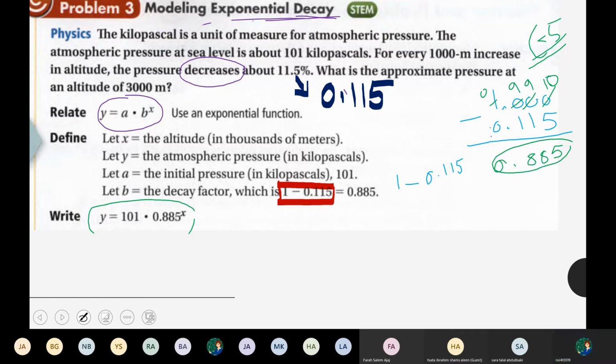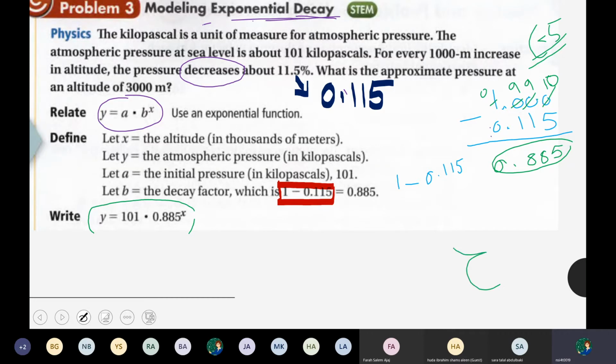Then, what is the approximate pressure at an altitude of 3,000 meters? Now, here he told me that for every 1,000 meters, it decreases by 11.5.